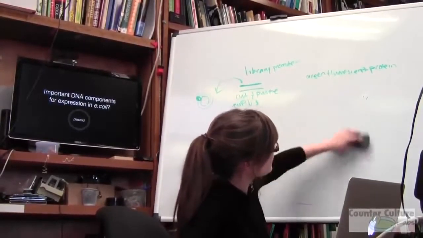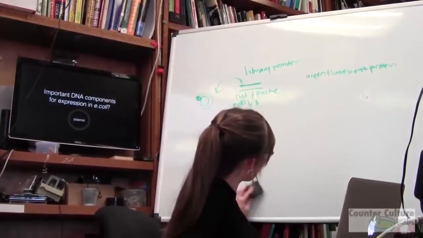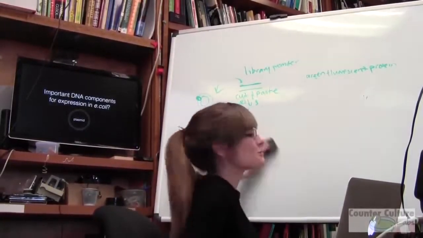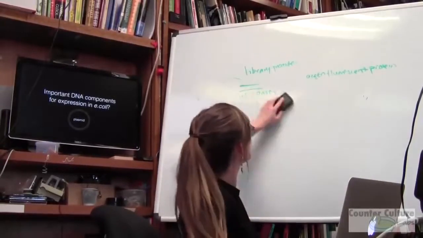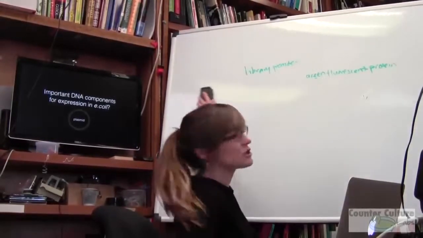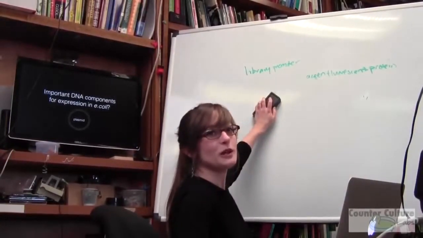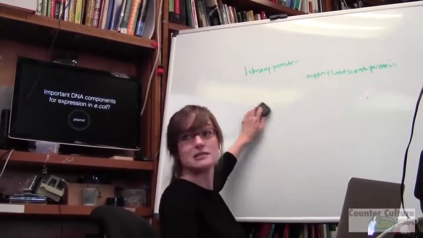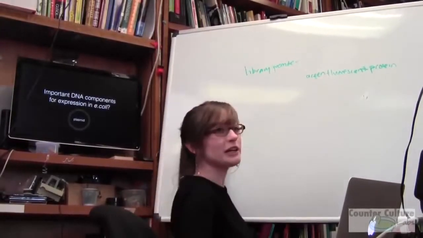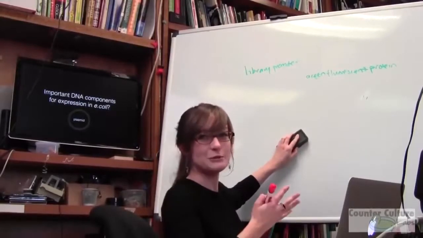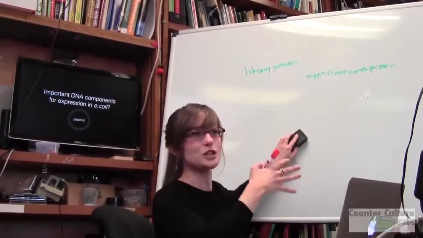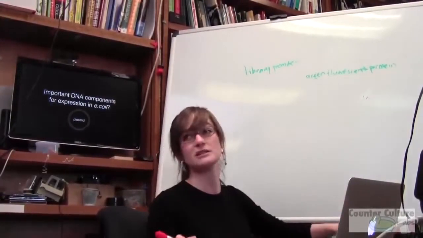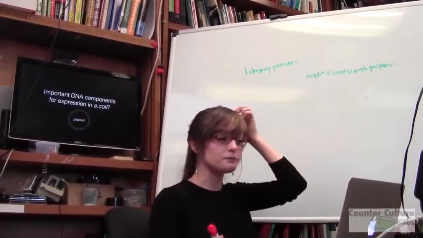Yeah. Could be as low as 1 in a million or worse. It might be better in that case to do a selection than a screen. Exactly. The difference is that in a selection, you're selecting for survival, so what you want survives. As opposed to a screen, where what you want is just phenotypically different, and then you have to check through everything to pull out the right phenotype.